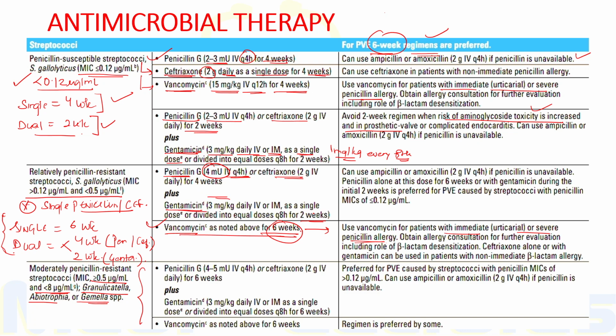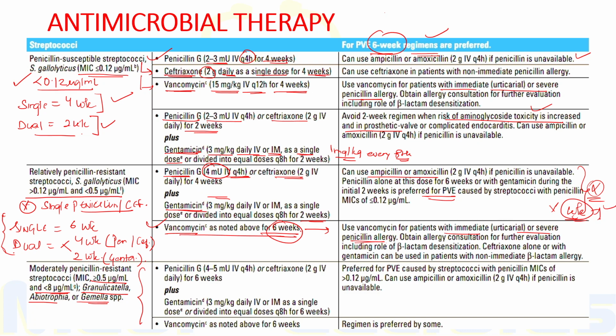This is the regimen for MIC between 0.12 to 0.5. We can prefer ampicillin or amoxicillin if available. And for patients who have a prosthetic valve implanted with MIC less than 0.2, we can prefer this regimen, which has to be given for a total of 6 weeks. But in the 6 weeks, the gentamicin will still be given only for 2 weeks.